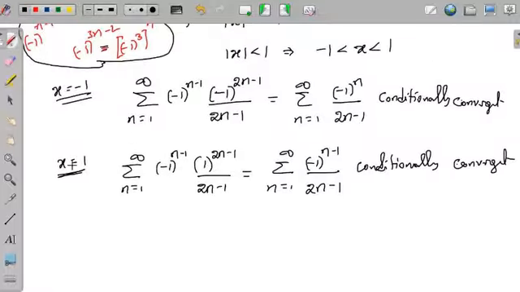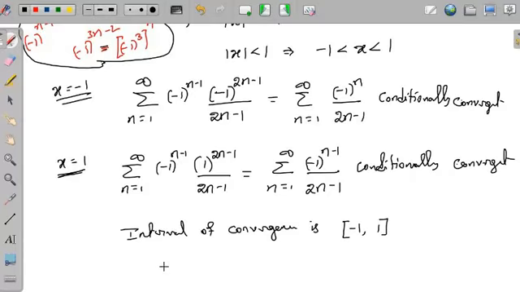So what is the interval of convergence now? Negative 1 is included and positive 1 is also included. We can write that it is conditionally convergent at plus 1 and negative 1.